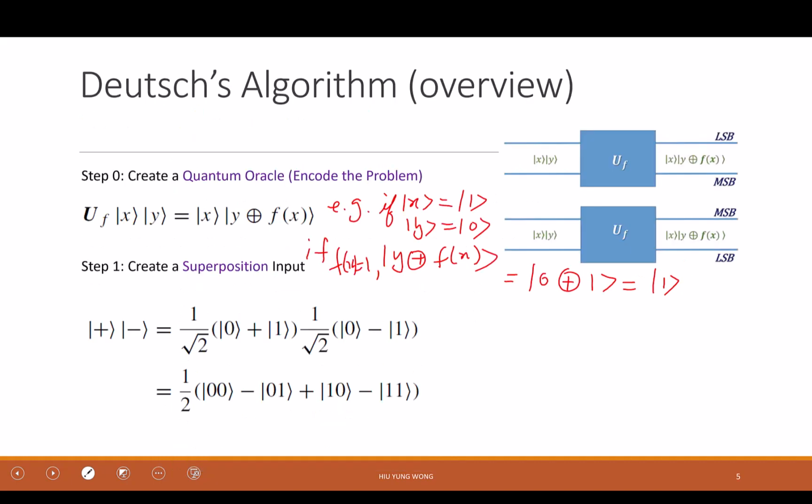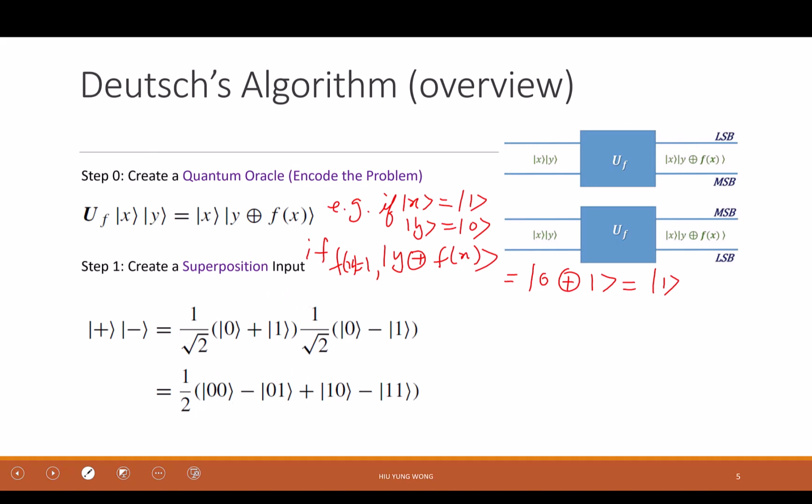Let's quickly review one more time. Encode the function you want in a quantum oracle. You definitely need to encode the information about the function. Otherwise, how can you understand whether this function is constant or balanced, right? Superposition, very simple.